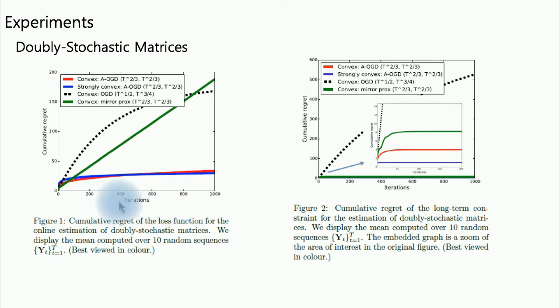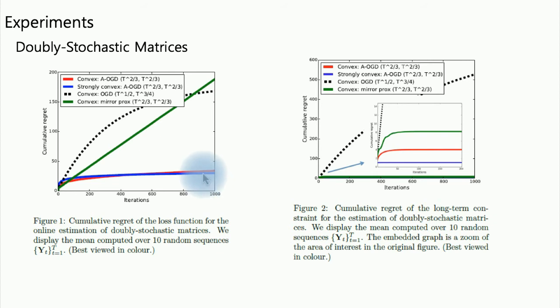The results shown in Figure 1 and Figure 2 indicate that although the cumulative regret bounds for strongly convex AOGD are not demonstrated to be tighter in our analysis than those of convex AOGD, they achieve better cumulative regret for this problem, especially with respect to the long-term constraint.